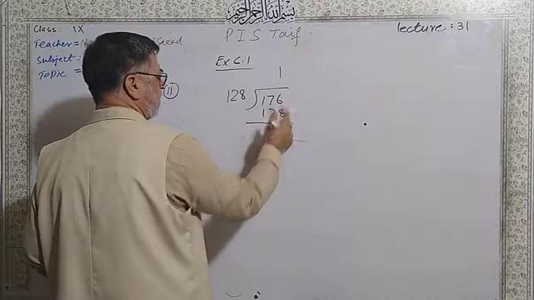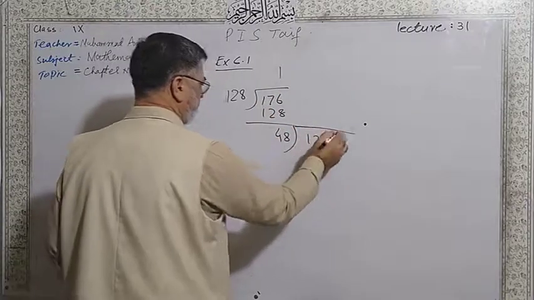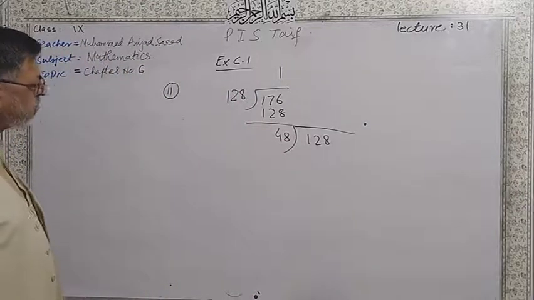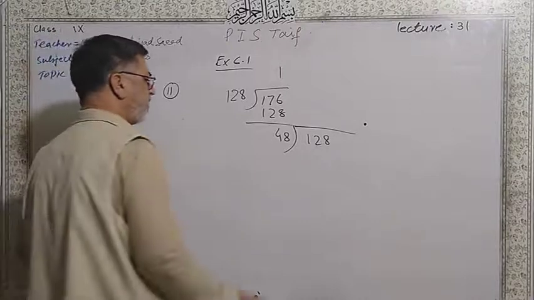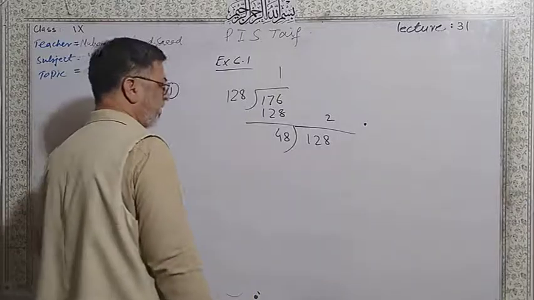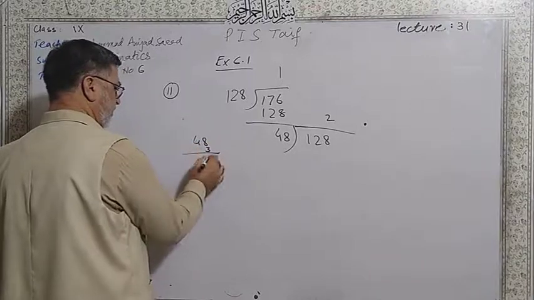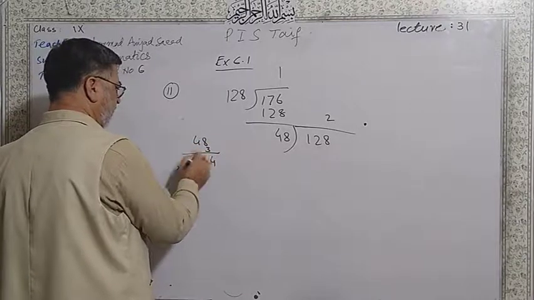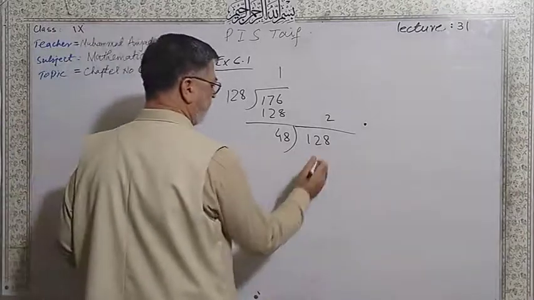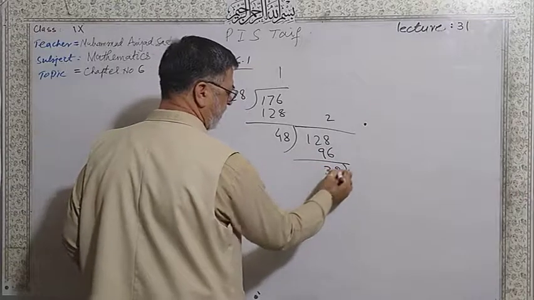128, 8 and this 6, this will be 4. Bring 128 inside. So we can have 2. If we take 48 multiplied by 3, 24, this will become 144. It is greater. So that's why with 2. Here is 96. Subtract 2 and 3.